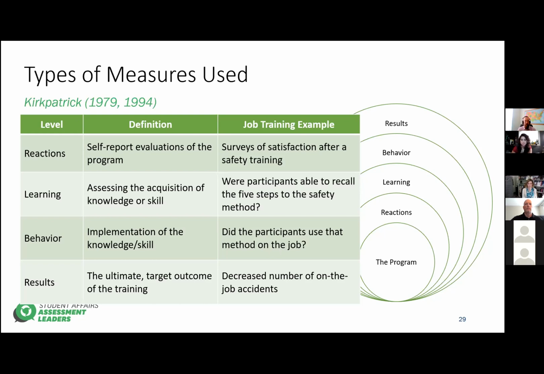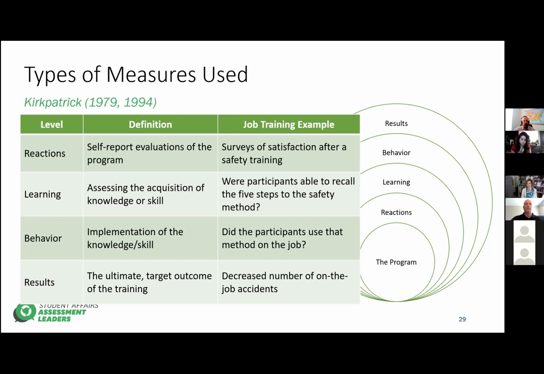In this job training example, if I train you in the classroom, and then you go back out on the job, are you using the things that you hopefully learned as a part of that training? And then results are really, well, did your use of that knowledge or skill have the broader impact that we had hoped for? So if we're doing a safety training, for example, and people go use that, we ultimately should have fewer on-the-job accidents.